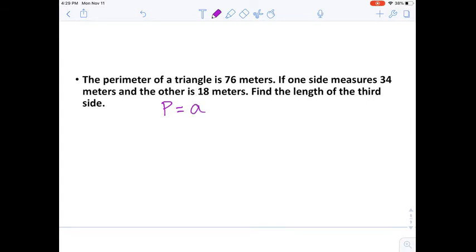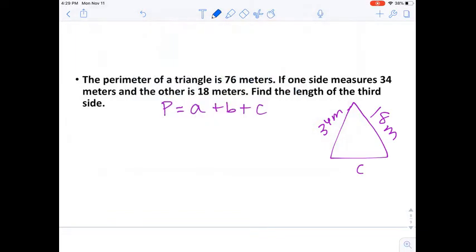Perimeter is A plus B plus C. So I kind of like to draw myself a picture just so I can think about this. If one side measures 34 meters and the other is 18 meters, we need to find the length of the third side. We'll label that as C.